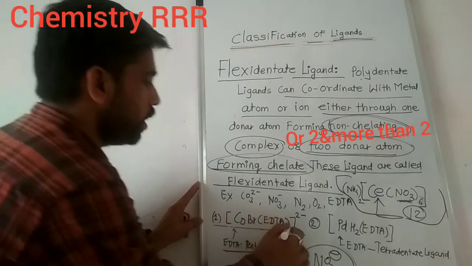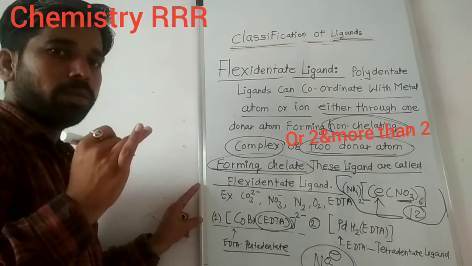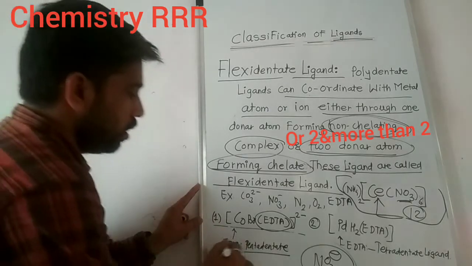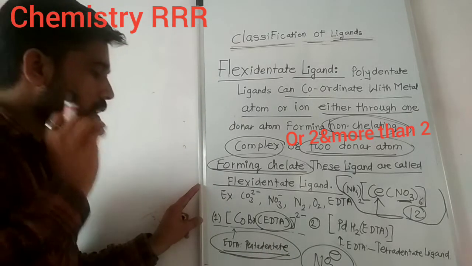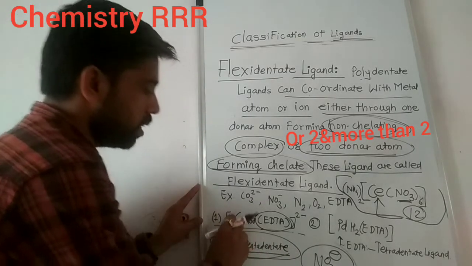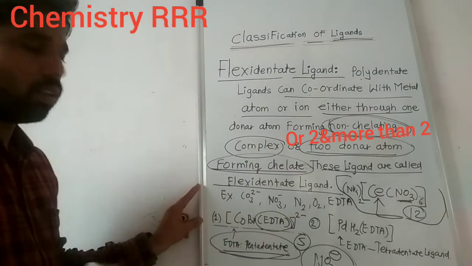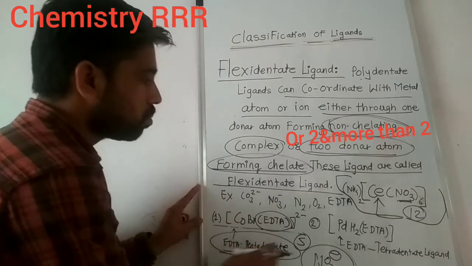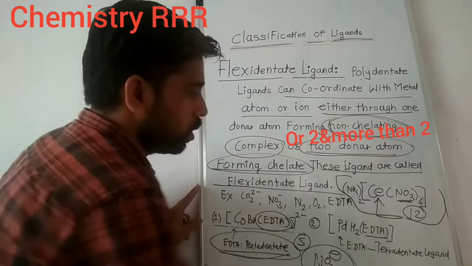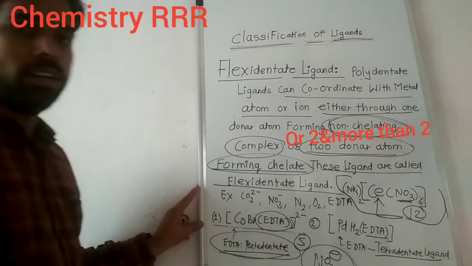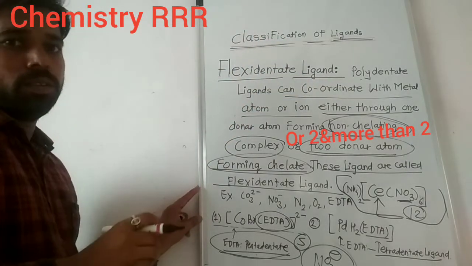You know EDTA is a hexadentate ligand, but in this case EDTA acts as a pentadentate ligand, meaning EDTA binds to the central metal atom through 5 donor sites. Again, in palladium H2 EDTA, it acts as a tetradentate ligand. So EDTA is an example of flexidentate ligands.